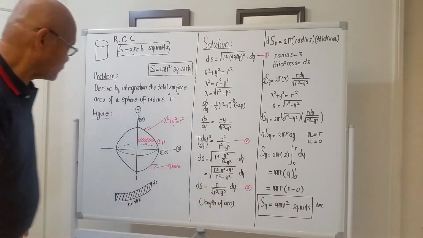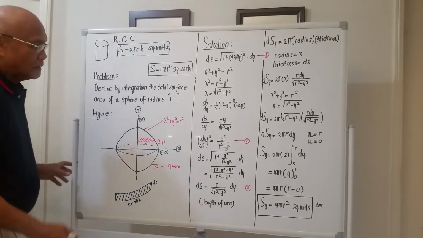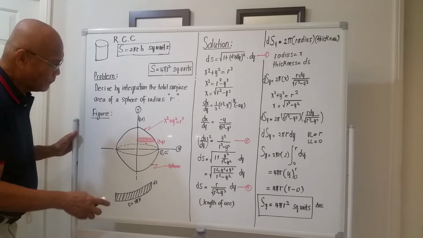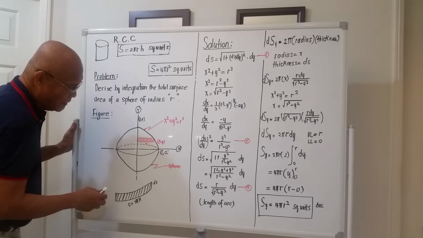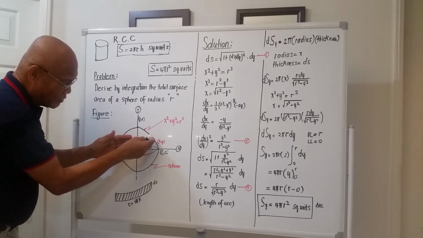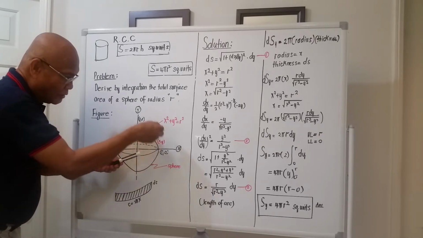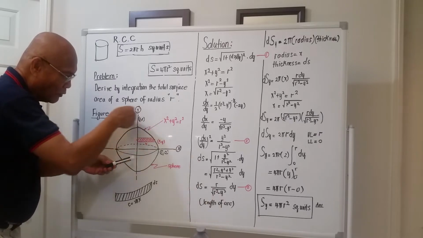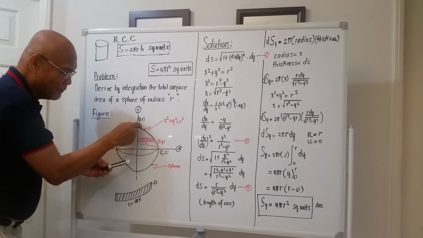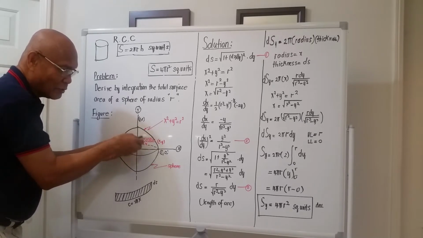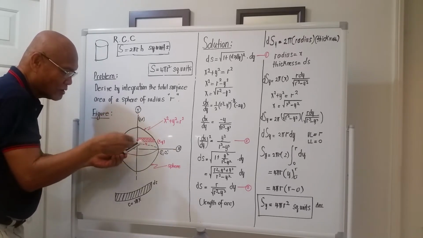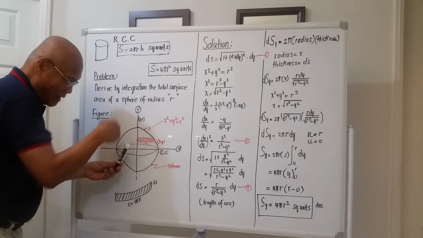Okay, let's proceed. We will use symmetry over here. We will draw a horizontal slice. Then this horizontal slice, we try to rotate one complete revolution with respect to the y-axis. So I'm using a horizontal slice, and that horizontal slice is to be rotated with respect to the y-axis.